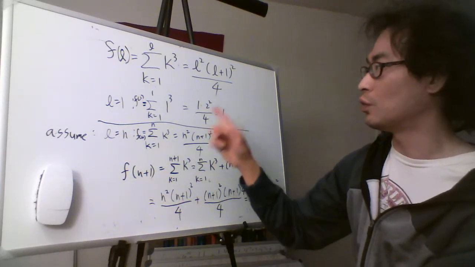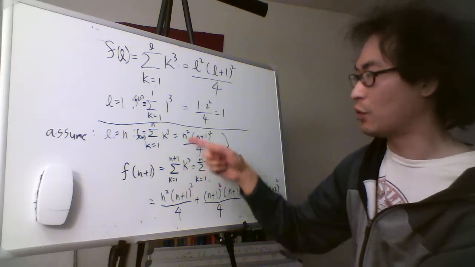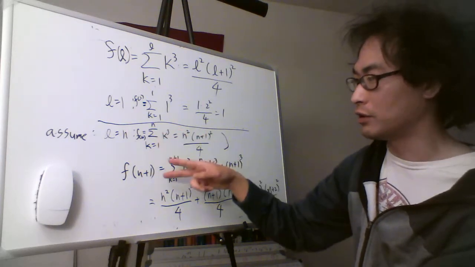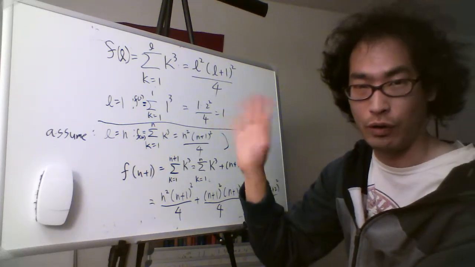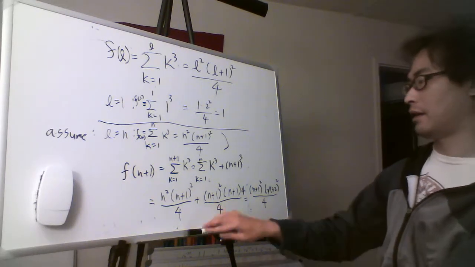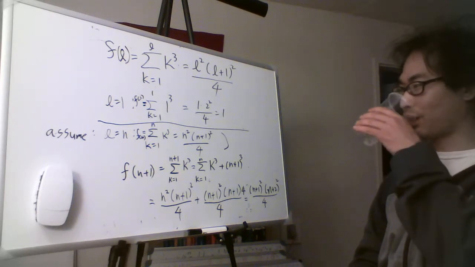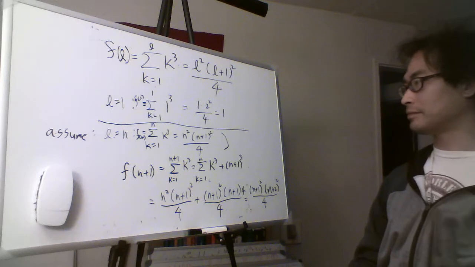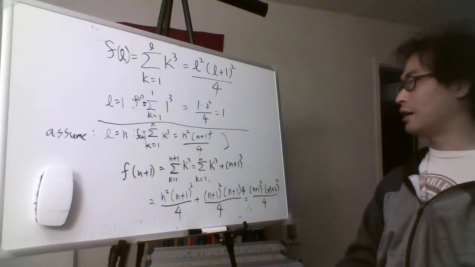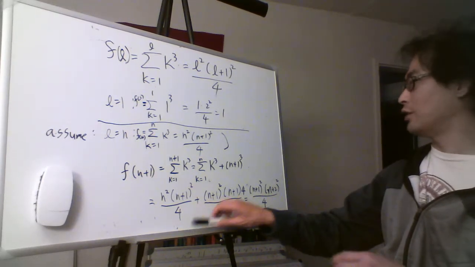So if it is correct for 1, then it's correct for 2. If it's correct for 2, it will be correct for 3. It's domino. That's mathematical induction. Our next assignment would be, well, I gotta take a picture of this.